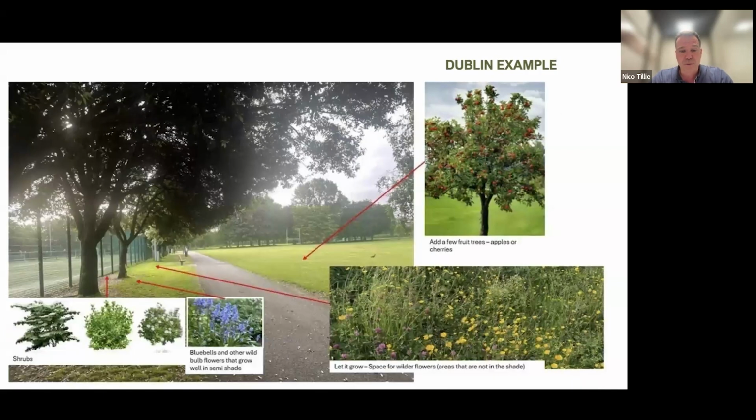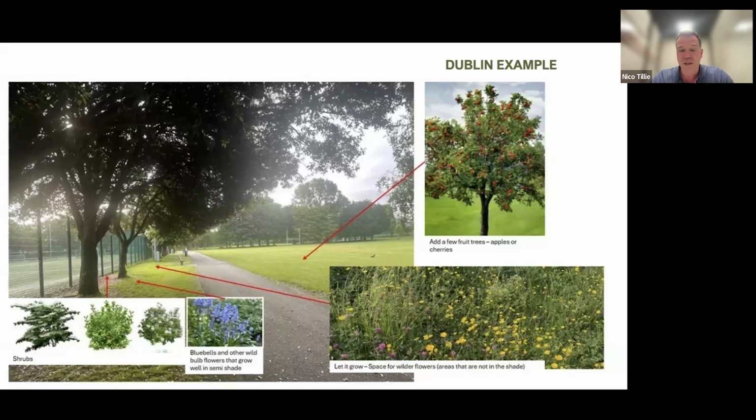The proposal for the sport fields is adding some local shrubs, so that we have a layered vegetation. Also some bluebells, which are bulbs, but we can also go for different ground covers, perennials, annuals. On the right-hand side, you see also: let the wildflowers go. That is a very interesting proposal. So we have the herbaceous layer, the bulb layer, then the shrubs, and then the trees.